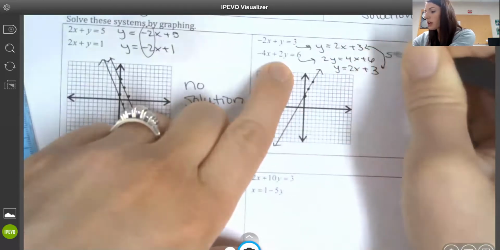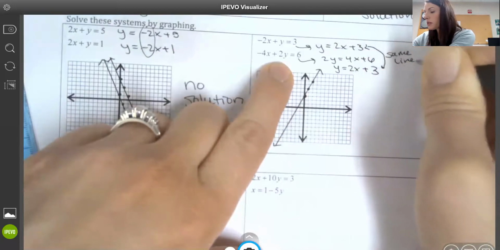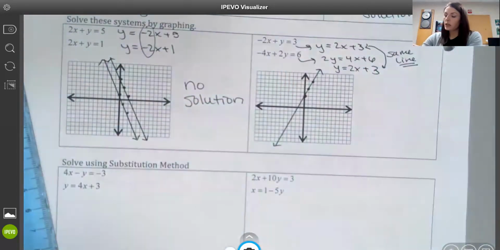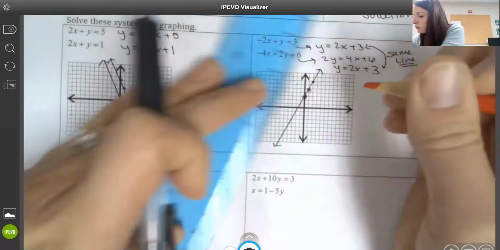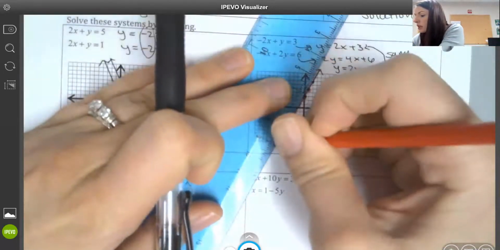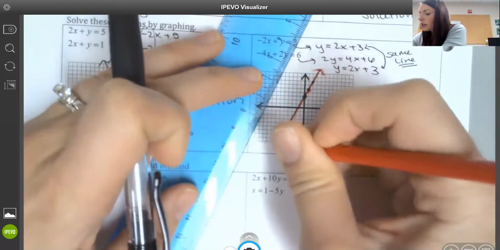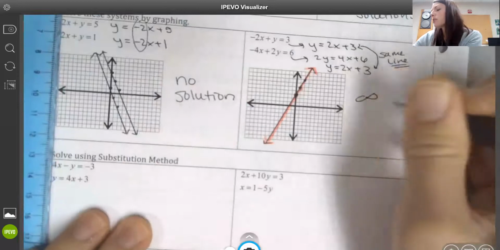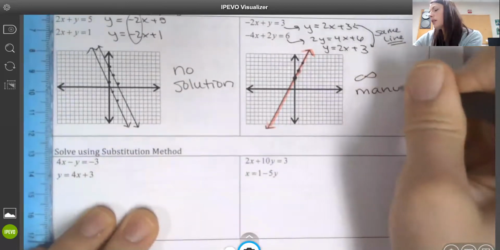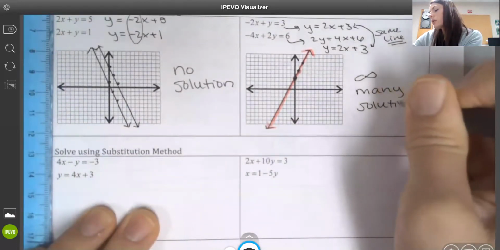It's the same line. So when I go to graph that line, y-intercept at 3, slope of 2, it's right on top of the other line. Okay, that's what lines coincide means. So this would be an example of infinitely many solutions.